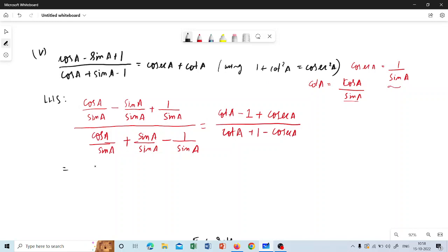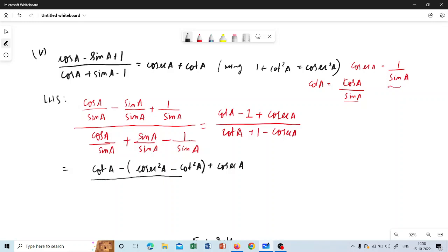I will write like this, cot of A minus 1. Instead of 1, I am writing cosecant square A minus cot square A plus cosecant of A. Now look at this carefully.